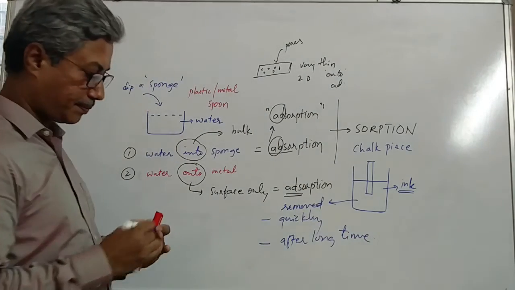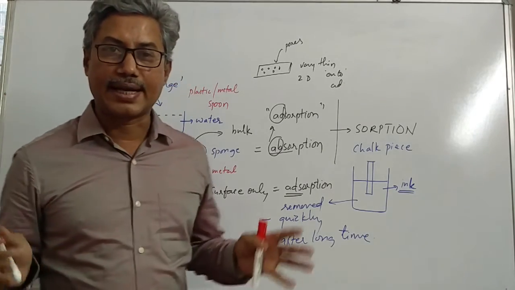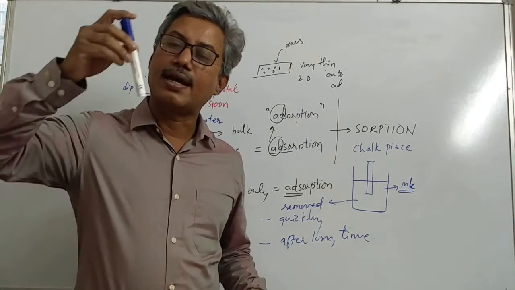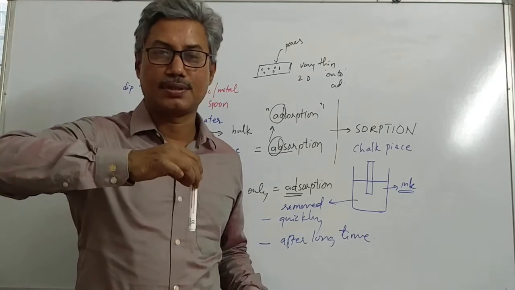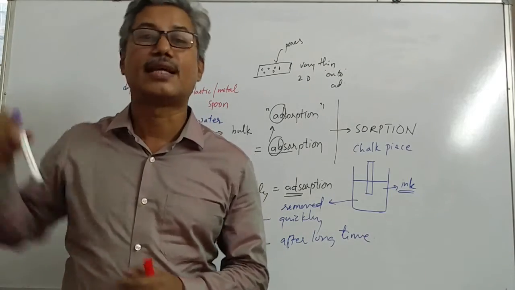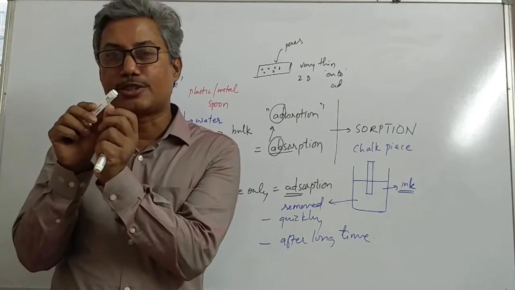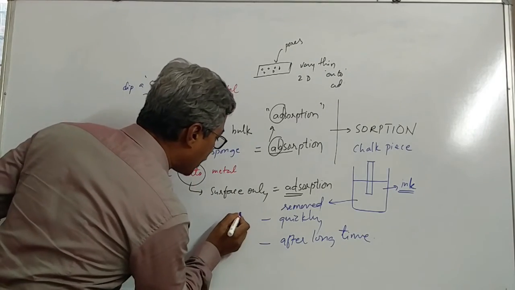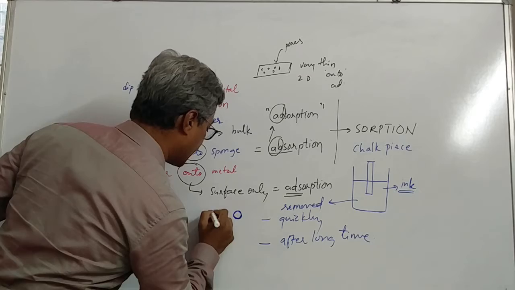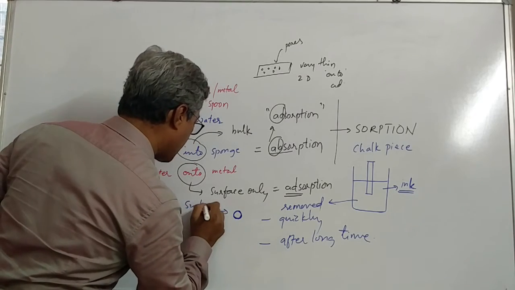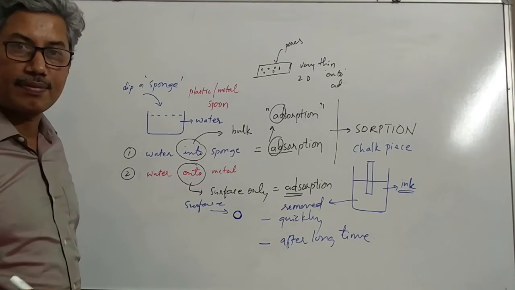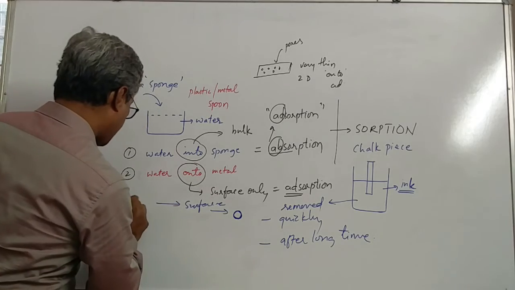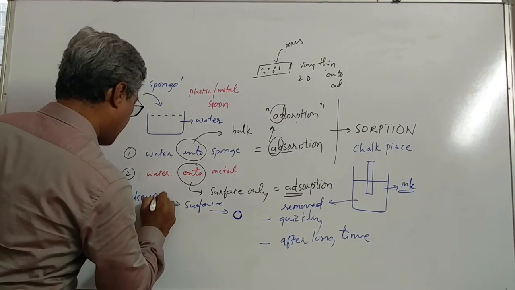See, students, here we have taken a container containing ink, and into that one chalk piece is introduced. If we remove it very quickly, then upon breaking that chalk piece, we notice that ink is adhered only onto the surface. That means ink is present only on the surface. This will be the process of adsorption.